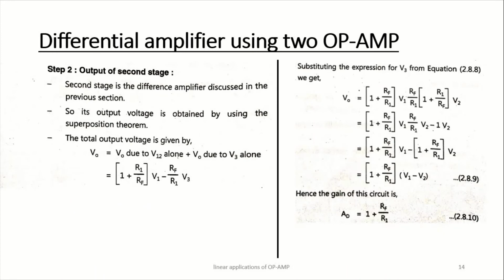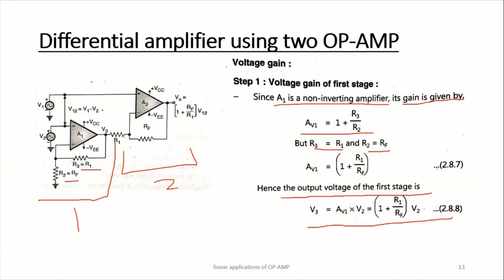Now next, the output of the second stage. The inputs of this stage are the voltage V1 and V2 amplified from stage number 1 as its second input. Here the difference signal is V12, which is V1 minus V2.